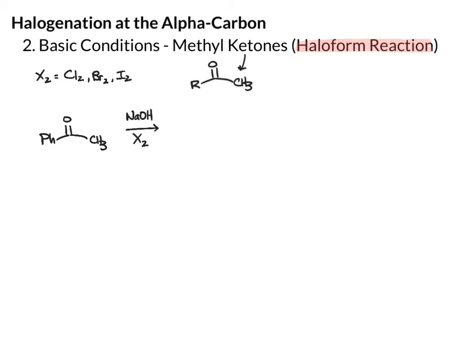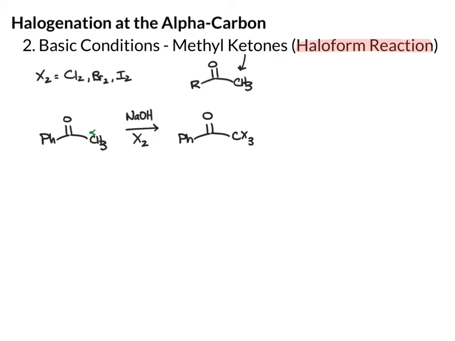And because we have 3 hydrogens at the alpha position, like the previous reaction we discussed, all 3 of those are going to get substituted with a halogen. So we'll end up with CX3.